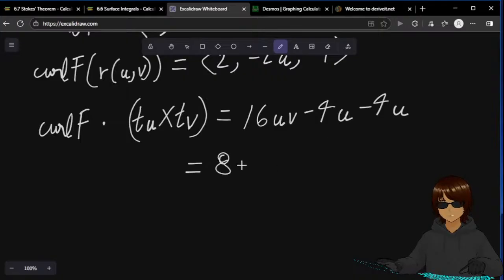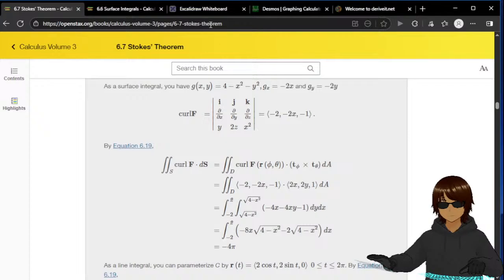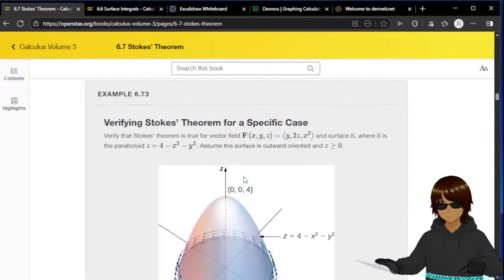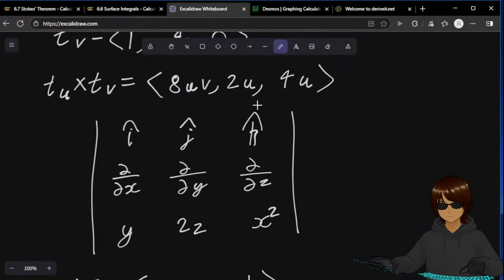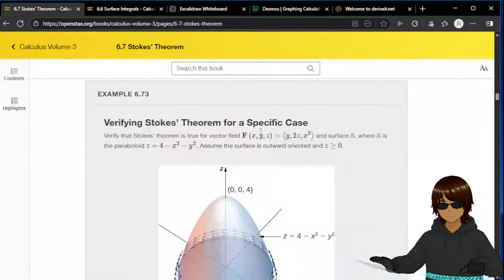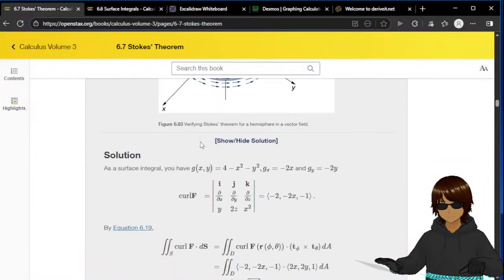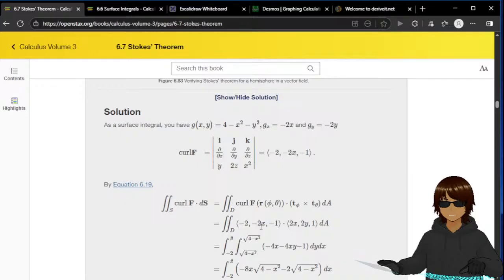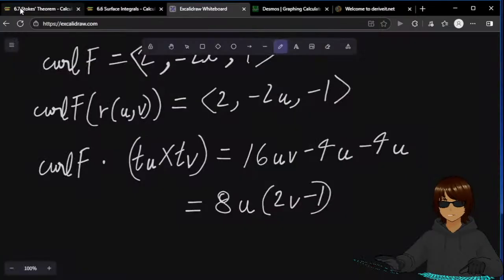We have 8u, right? 2v minus 1. Two minus 2 minus 2x minus 1. 2x, 2y, 1.